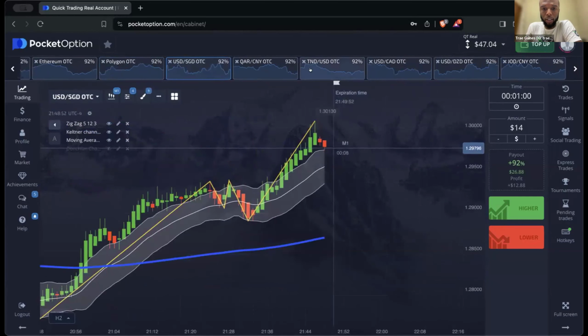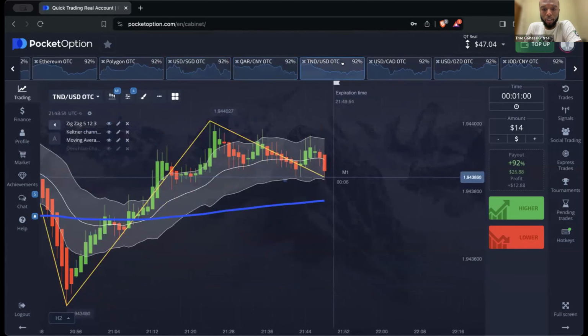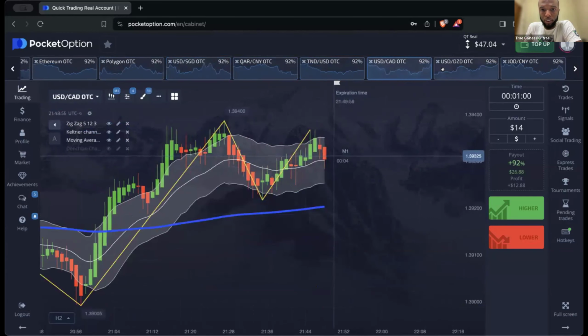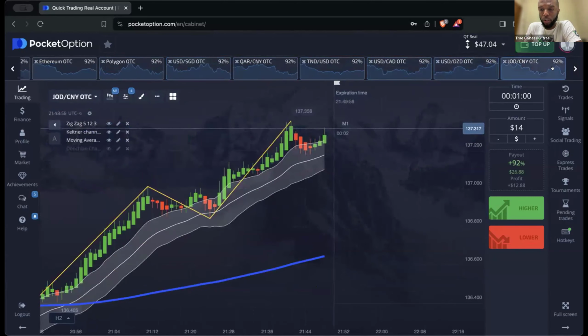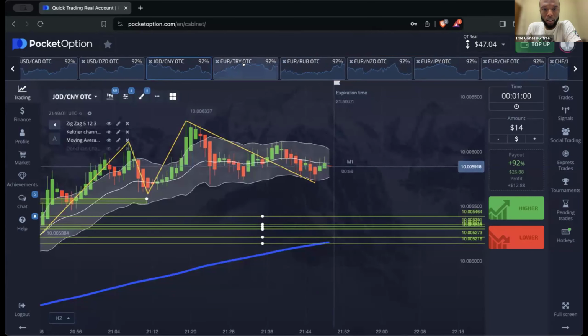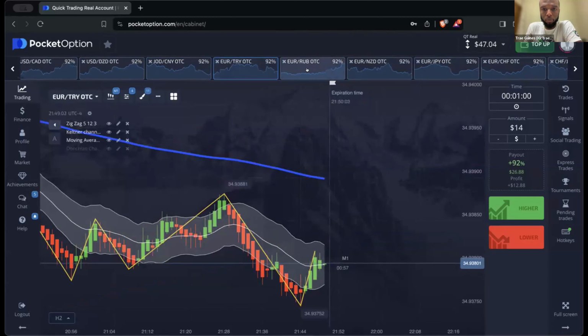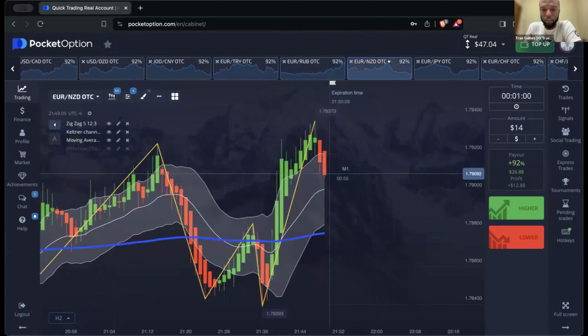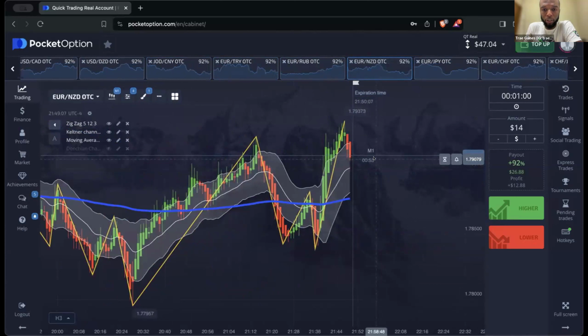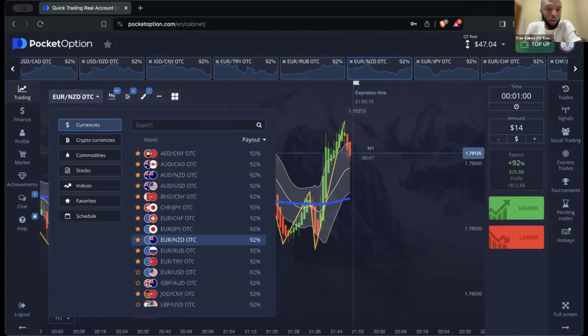All right, and if y'all can click through too, if y'all see anything that is trade worthy, let me know and I'll click on it or go to it, especially if it's 92%. All right, so let's look at this one. Hopefully it comes down. EURNZD. So Darren, if you go currency, click right here.